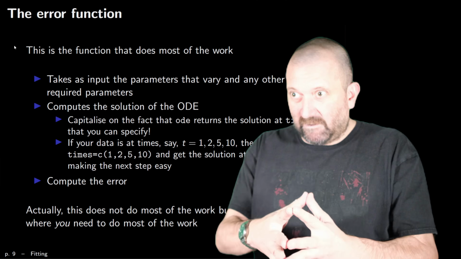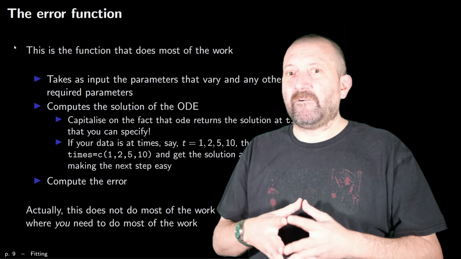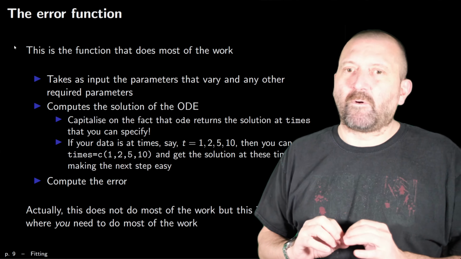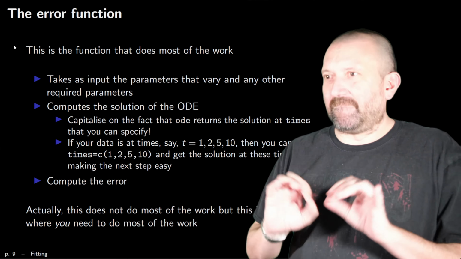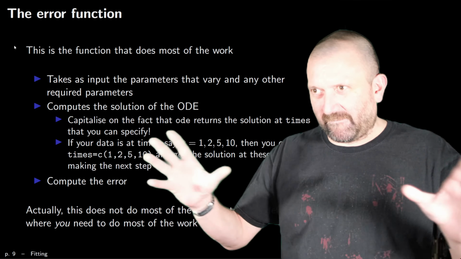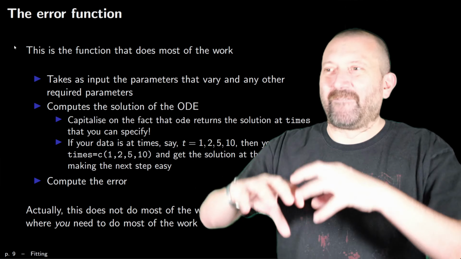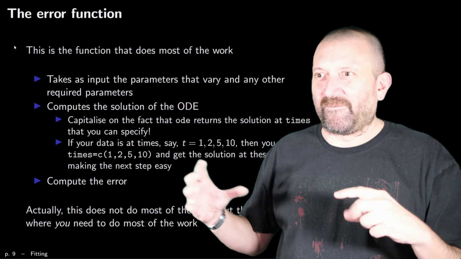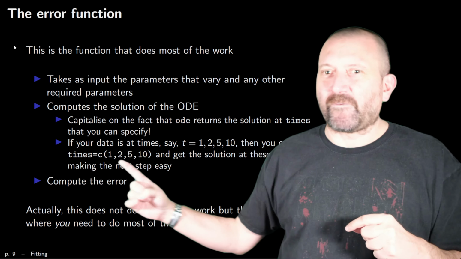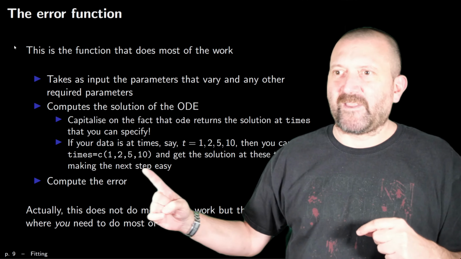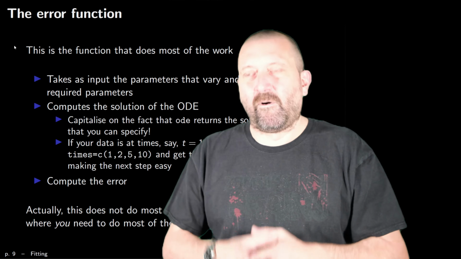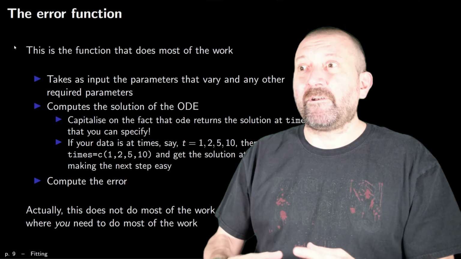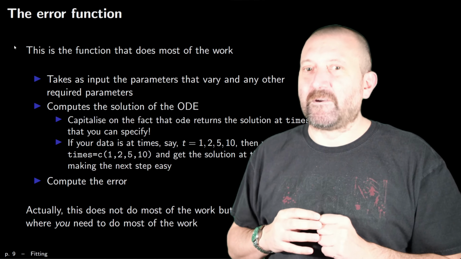Then when I call the numerical integrator, what's important is that I remember to specify the times. In the inner workings of the code, it doesn't work at the times you specify, but the solution will be returned at them. If I write times equals this vector, the solution of the ODE will be returned at these times, which means that the comparison with the data points is going to be very easy.